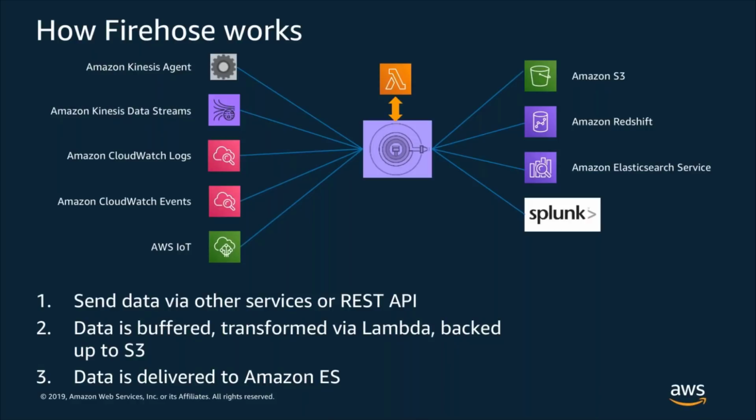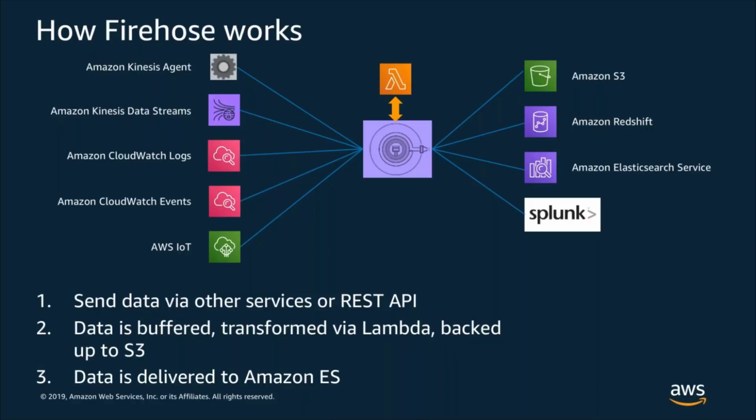So one of the values that Firehose provides is a call out to a Lambda function that you define that is called for every record in the Firehose stream. And in the context of Elasticsearch, which requires a JSON formatted data document that you send into it, you can use this Lambda to transform your log lines into the JSON that Elasticsearch requires.